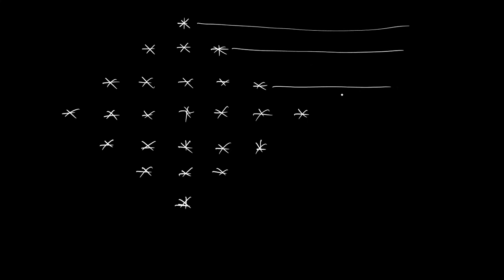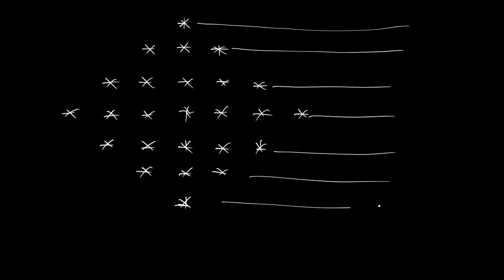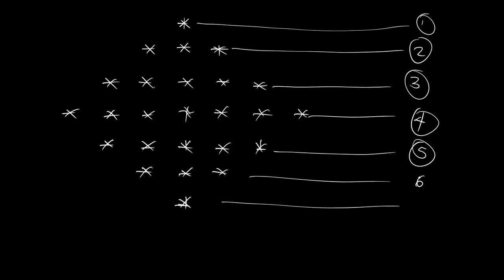If you look at this diamond, you notice that the number of rows is 7. You have 1, 2, 3, 4, 5, 6, 7.